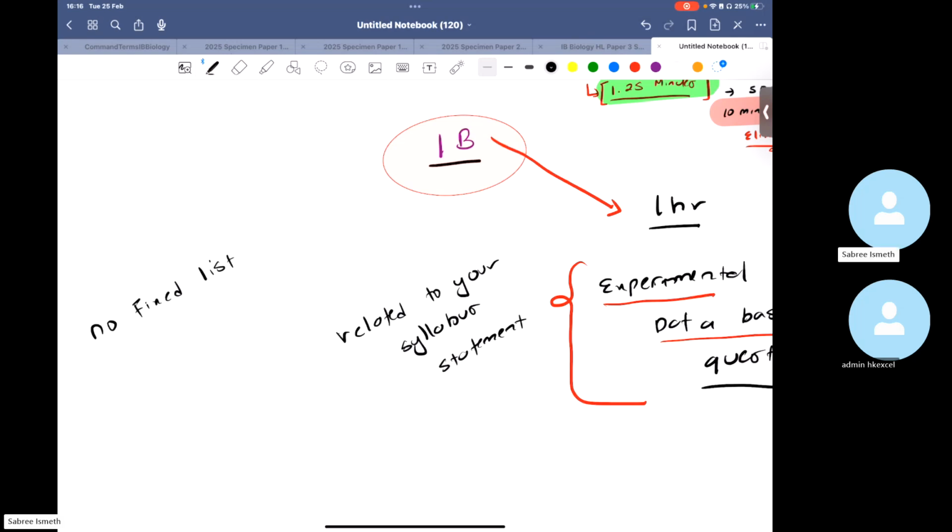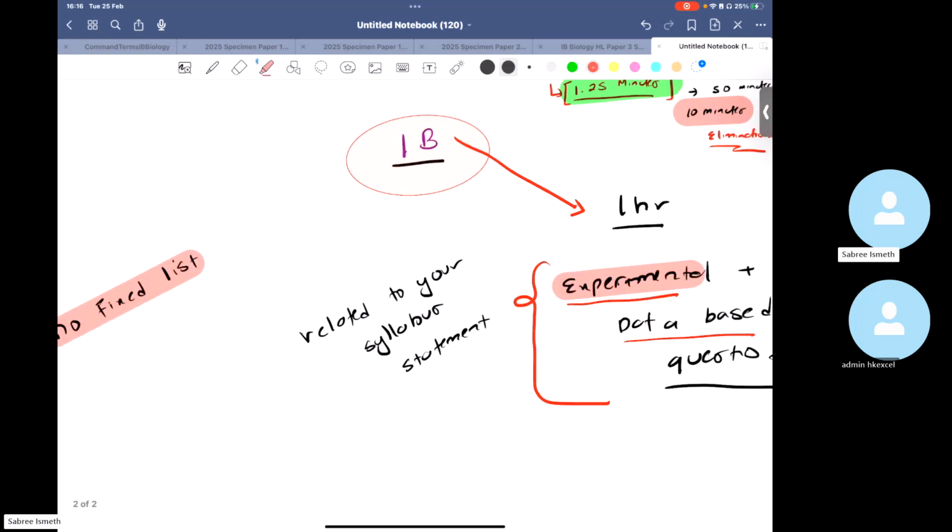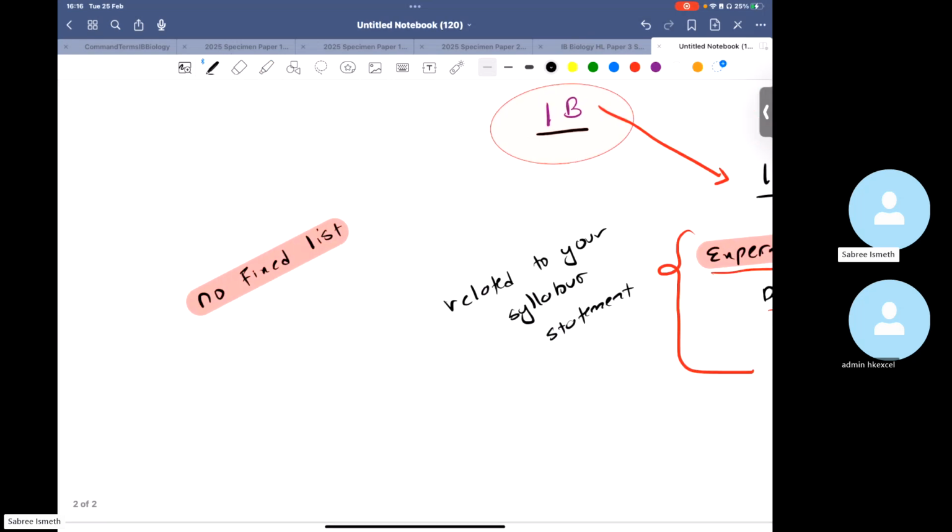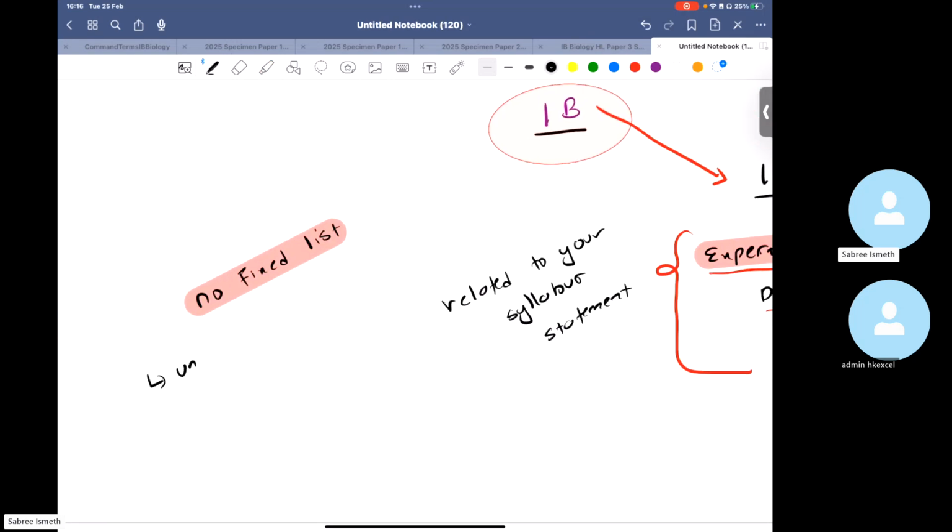So if that is the case, it makes a lot of students anxious as to whether they will have covered all the experiments or they have missed some. So there's no fixed list for these experimental questions that you can practice from or understand. However, it's basically under the capacity of each individual school.